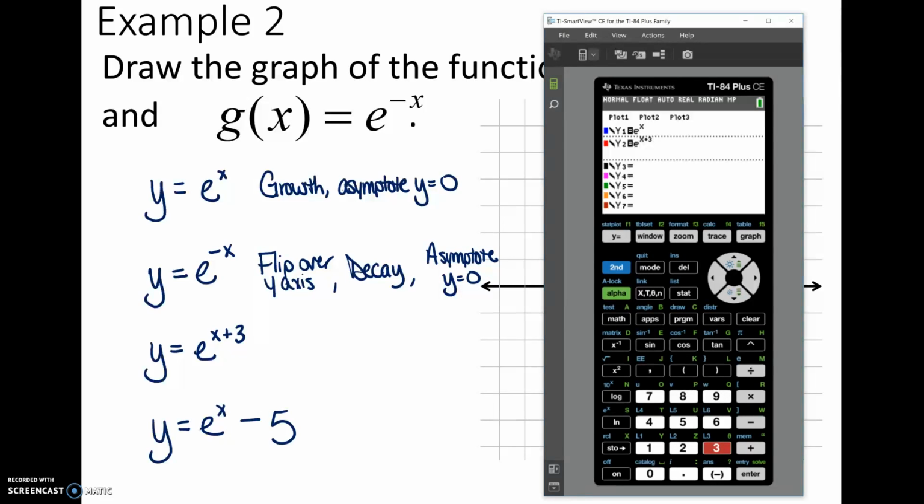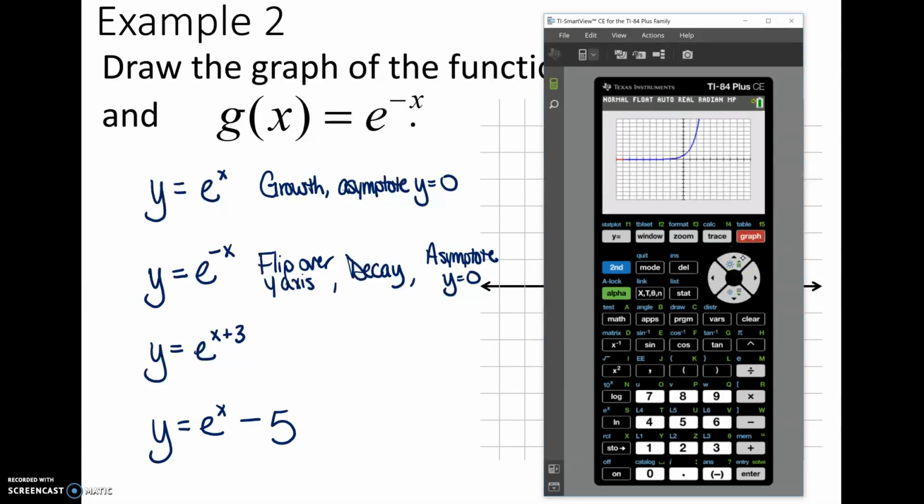Now for the ones that aren't in your notes, e to the x plus 3. If that plus 3 is in the exponent, based on what we did yesterday, what do you think is going to happen? What did adding and subtracting in the exponent do yesterday? It moved it left or right, and wasn't it backwards? So plus 3, what's your guess going to be? Left 3.